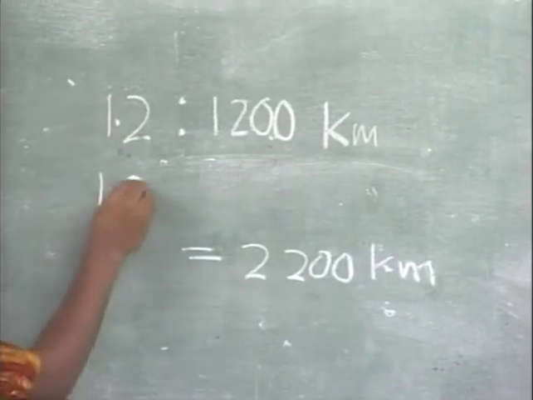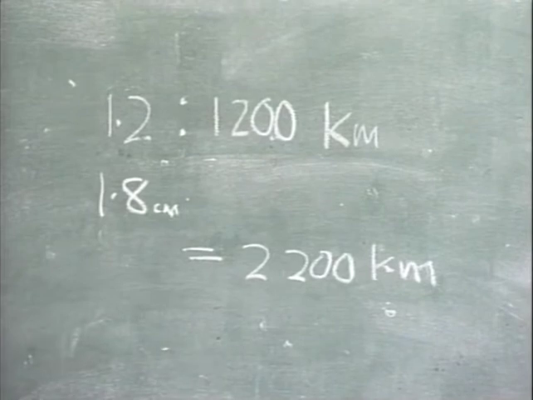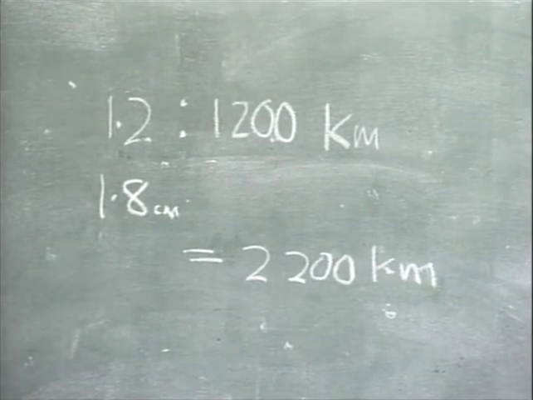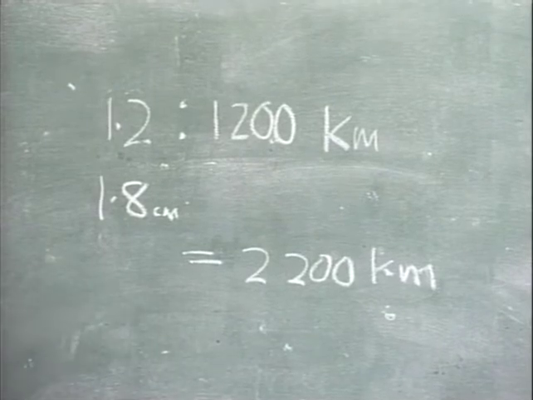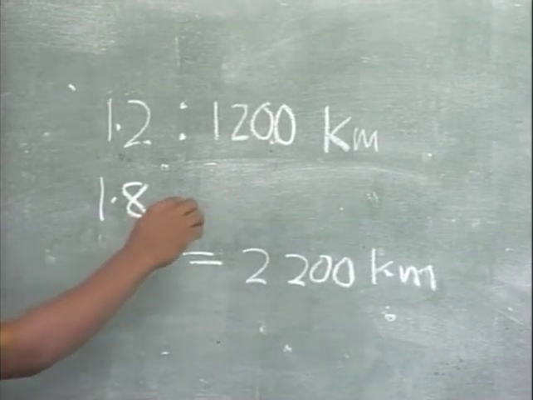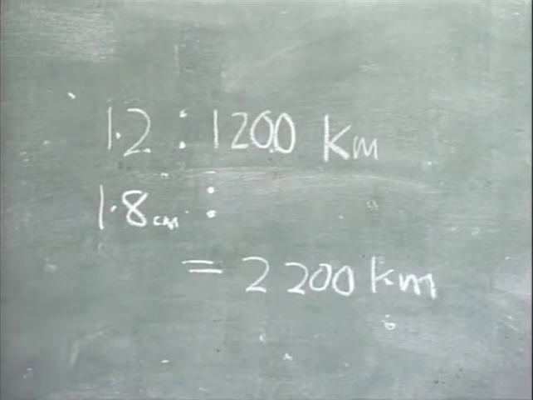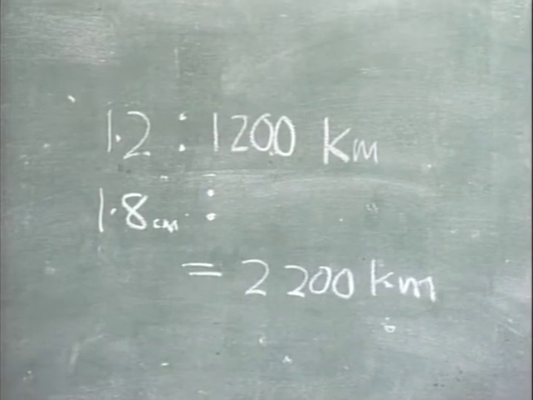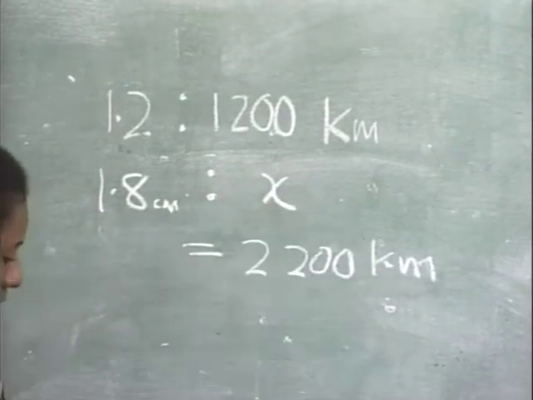So that 1.8 is the distance that we would have got if we measured 45 million years ago from Antarctica to the Australian continent. We are trying to find out how far apart Australia has shifted or moved. So in order for us to find that, we already know the scale.